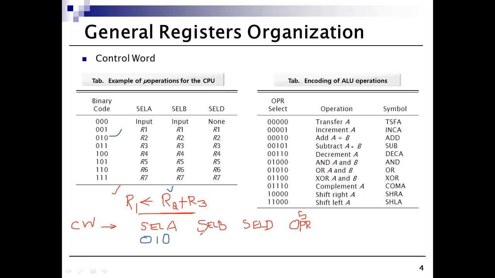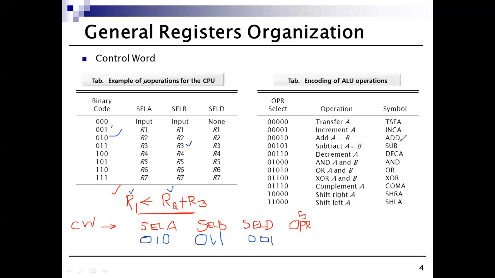Second, SELB is R3, so you have to select R3. So it is 011. And the destination register is R1, sorry, so it is 001. And the operation, what is the operation? Addition.